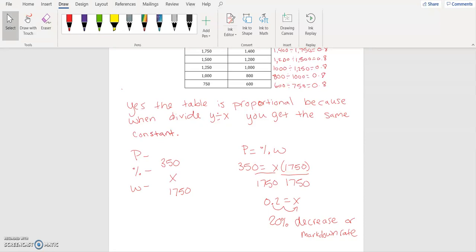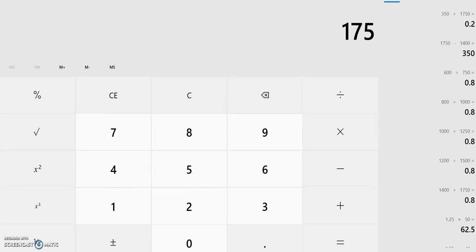And then we're looking at our part, percent, and whole in order to figure out the markup or markdown rate. And since it's going from 1750 to 1400, we know it's a markdown rate. We're paying less. So our part is the change, 1750 minus 1400.